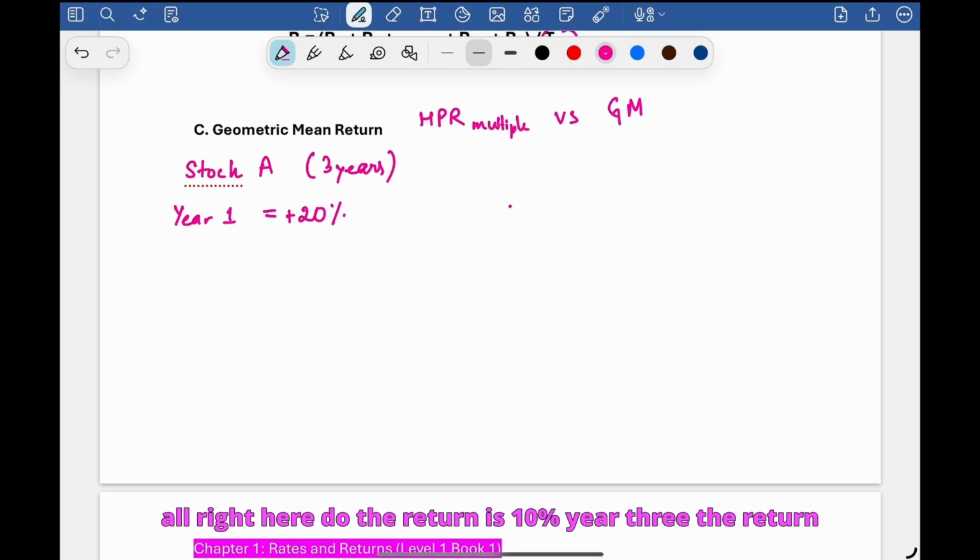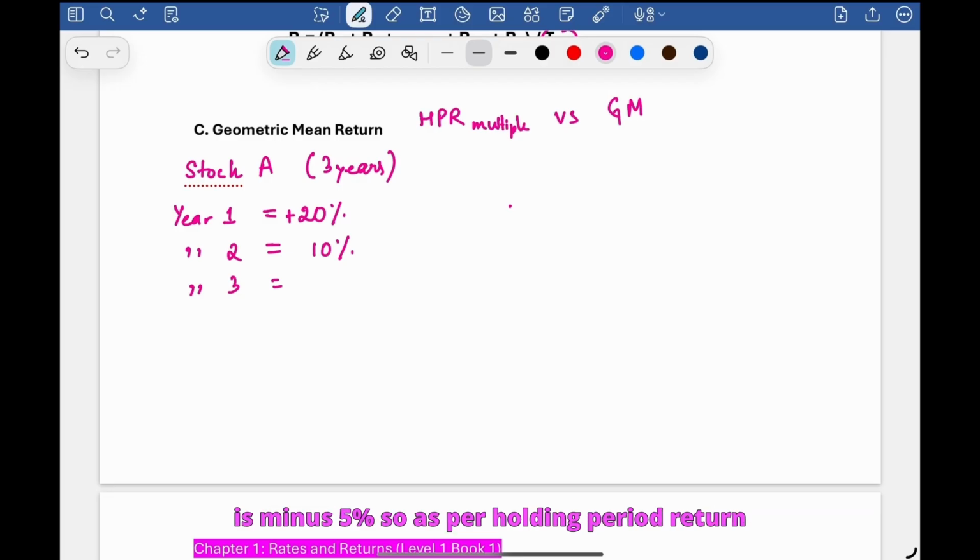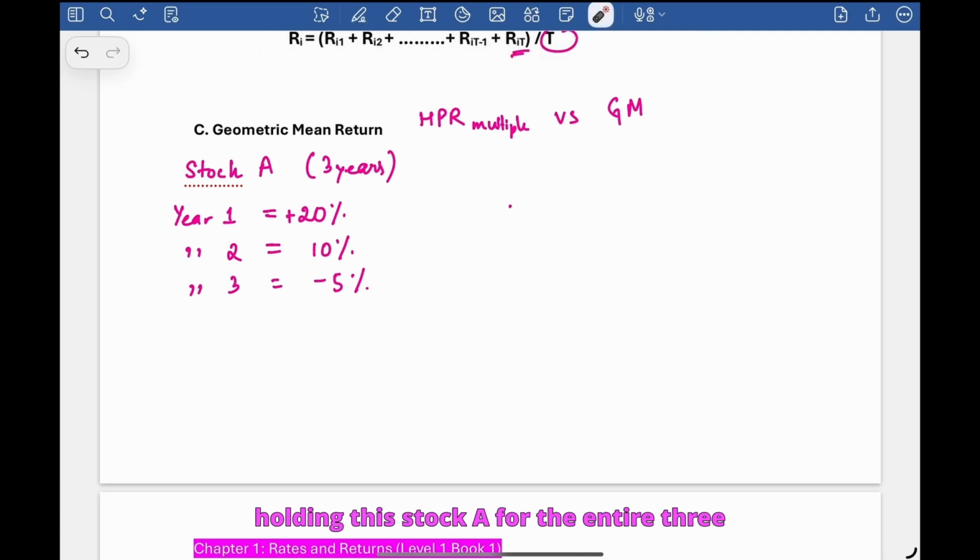Year 2, the return is 10%. Year 3, the return is minus 5%. So as per holding period return for multiple years, you are holding this stock A for the entire 3 years, and you are going to sell it only after the third year.